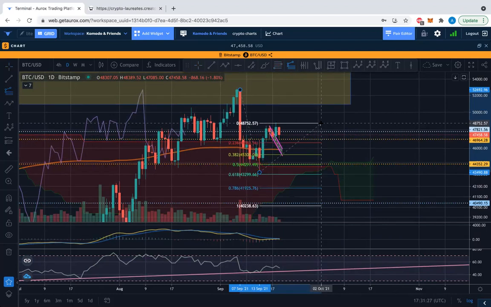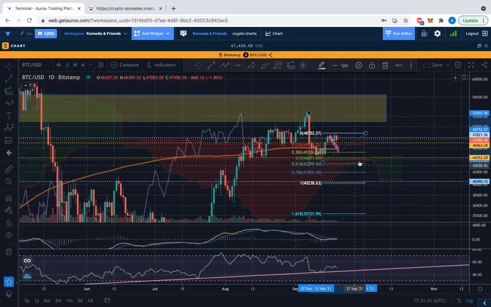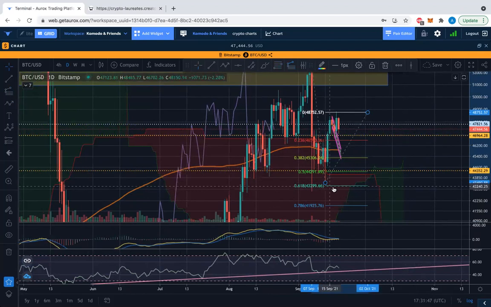That's going to be back down to that 40,000 level for a 1-to-1. Something stronger with a 0.618 would be around here. Again, that would be the cloud providing the support, which is right there, also that previous support resistance line around the 44,000. That's the 0.5 to the 0.618.